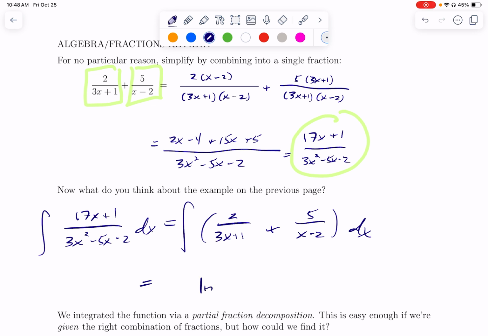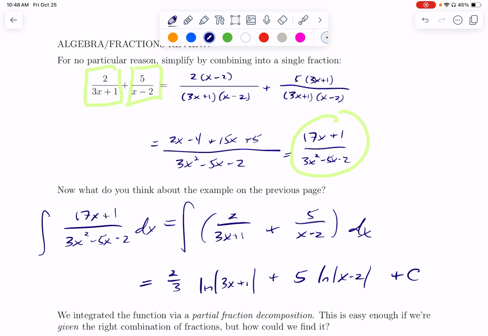So this would be natural log of absolute value of 3x plus 1 multiplied by 2/3, the 2 because we had a 2 in the numerator, the 3 to cancel the 3 from the chain rule. By similar logic, this would be 5 times natural log of x minus 2. There's a 1 from the chain rule, so we don't have to cancel it, plus c.